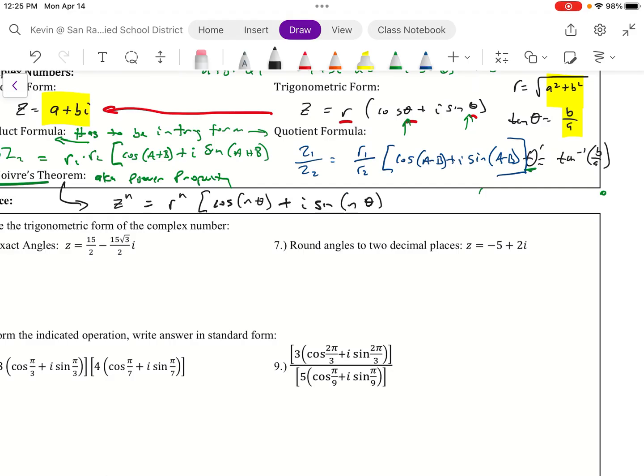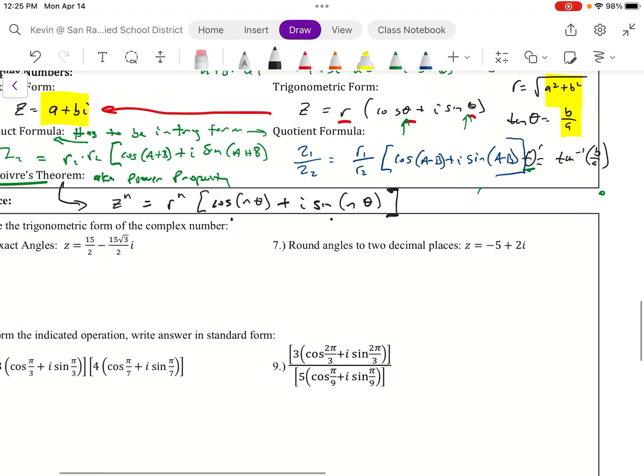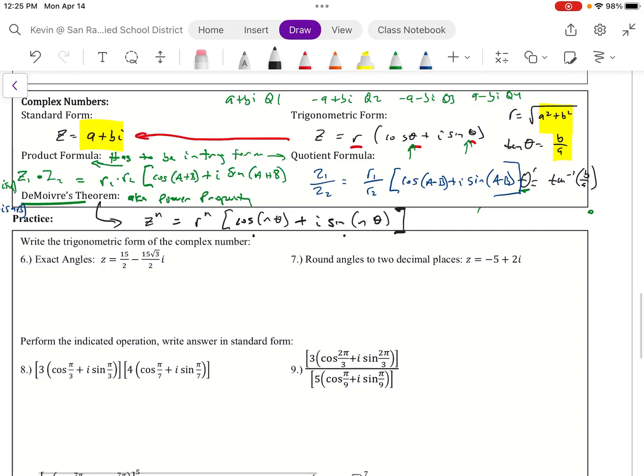So we multiply n times that angle and take the cosine of it, plus i sine of n theta. And then if it wants it in standard form, you would get those values, multiply r to the n into there, and distribute.